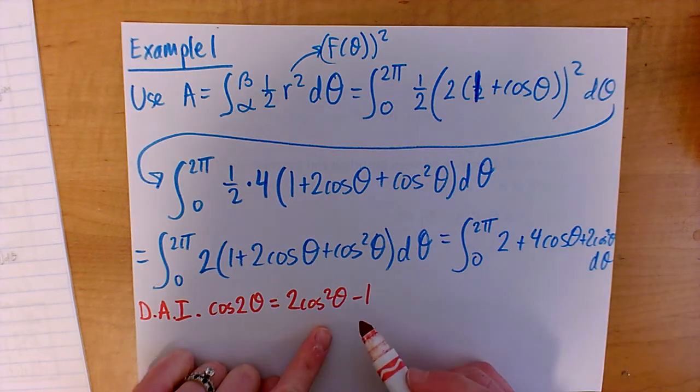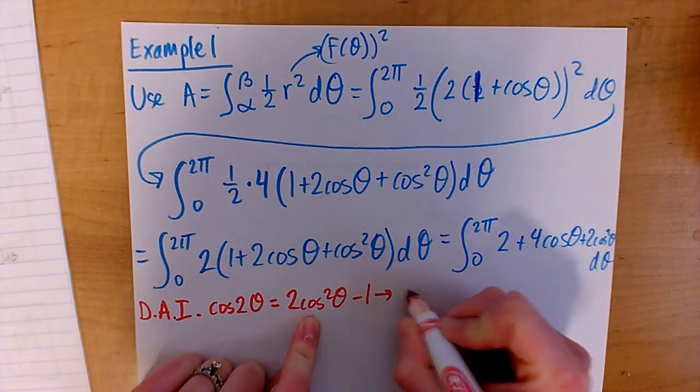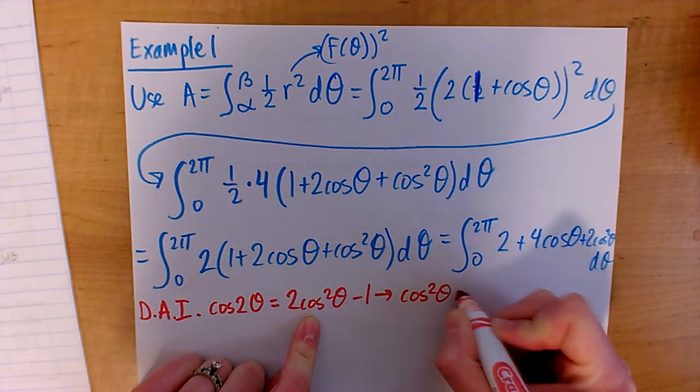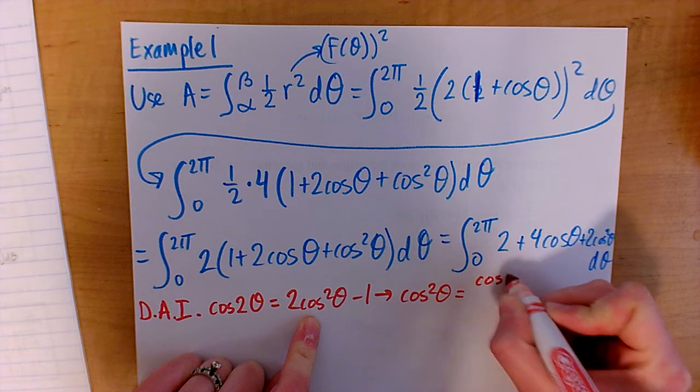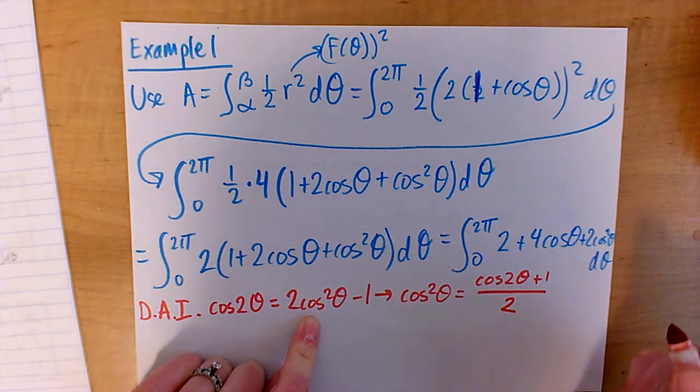So then if you work through this and you try to get cosine squared theta by itself, you'll get cosine squared theta is (cosine 2 theta plus 1) over 2.